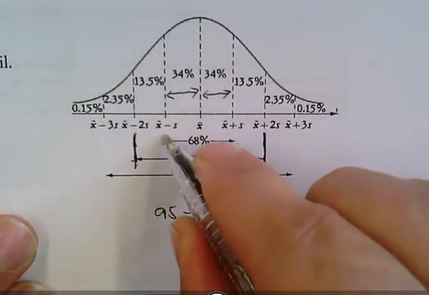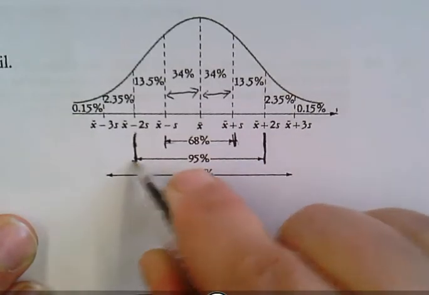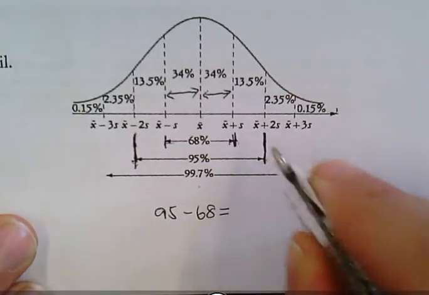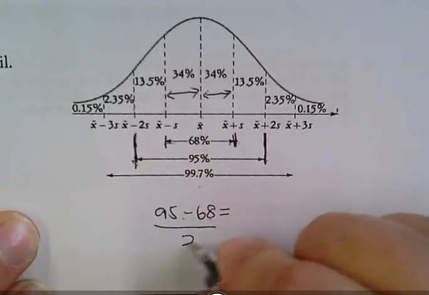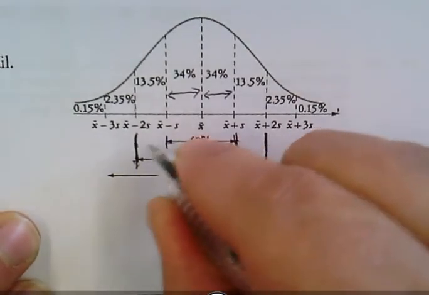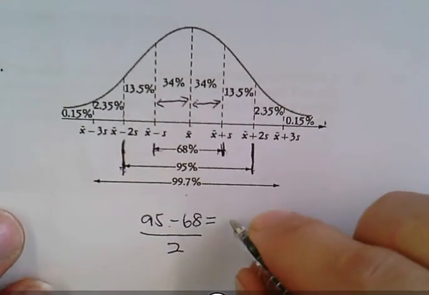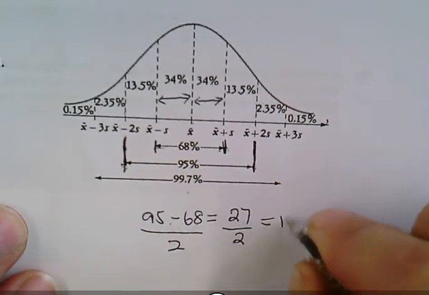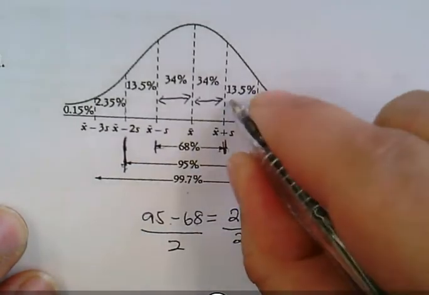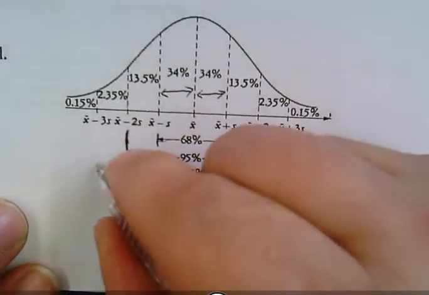If this is 68 from there to there, and this is 95 from there to there, I'm going to do 95 minus 68, and divide it by 2 to get each little section on the sides. Do you see it? So what's 95 minus 68, please? 27 divided by 2. That's your 13.5% just there and there. All right, now, the last one.